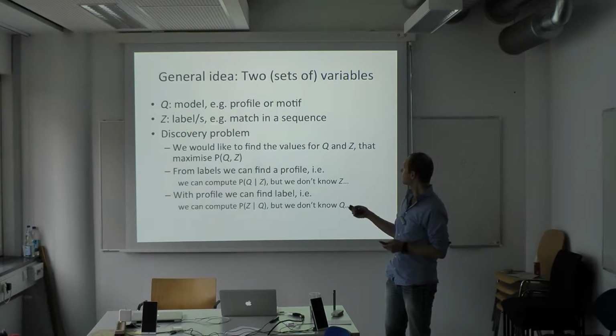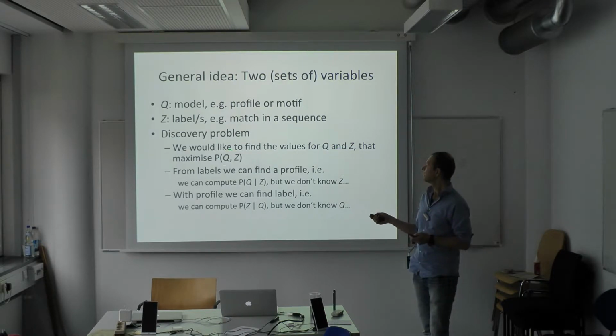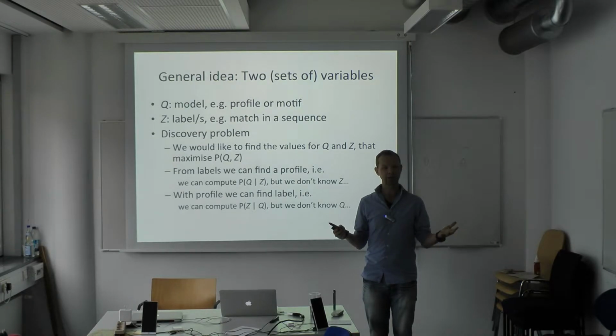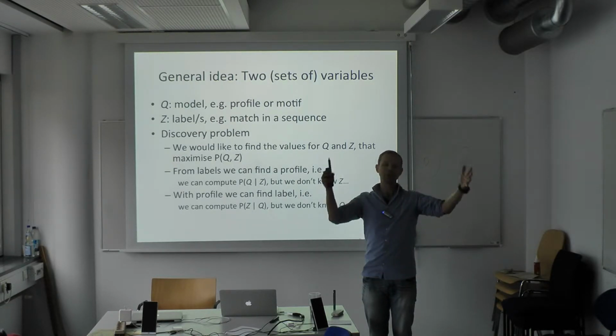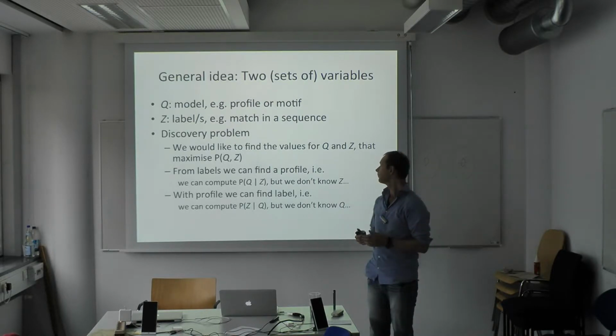So a discovery problem would then be to find the values for Q and Z that maximize this joint probability. So on Tuesday I talked about joint probability as being one that could be thought of as a big table that enumerated or listed all possible combinations of the value settings of these variables.